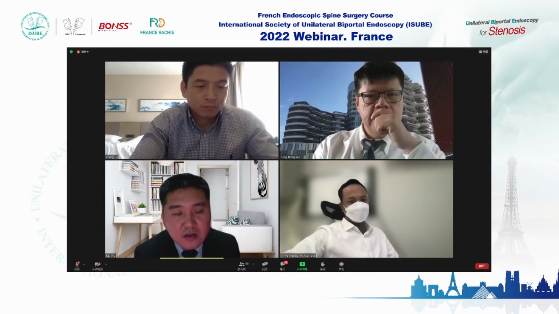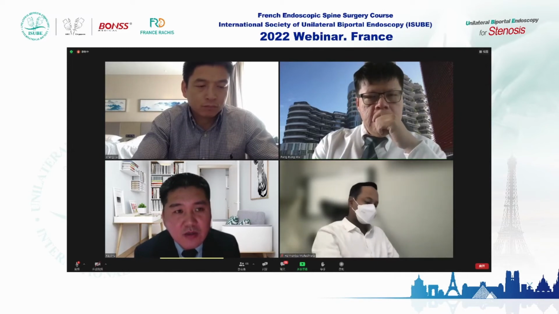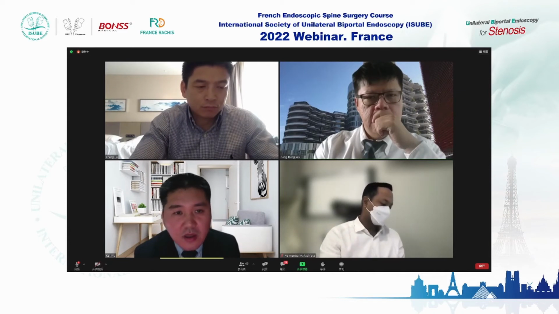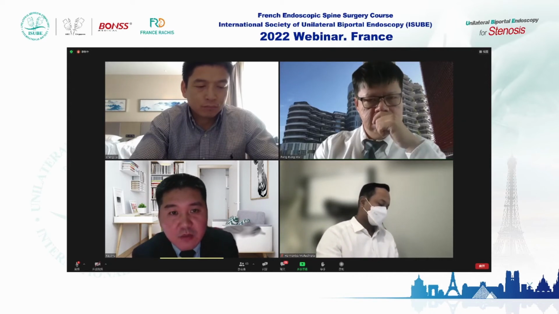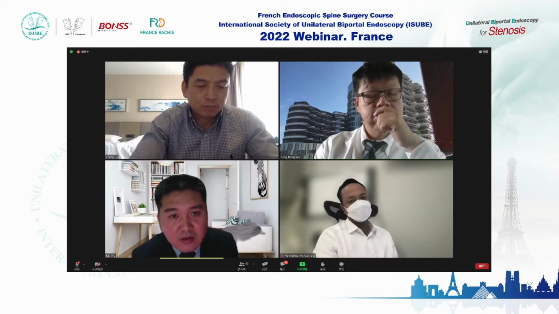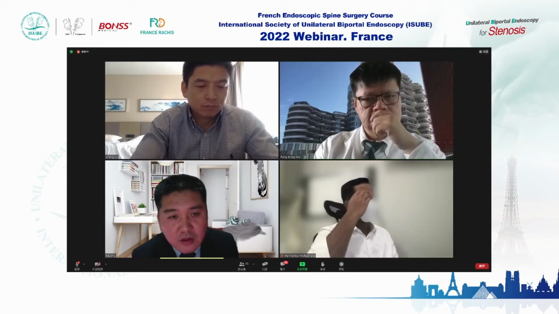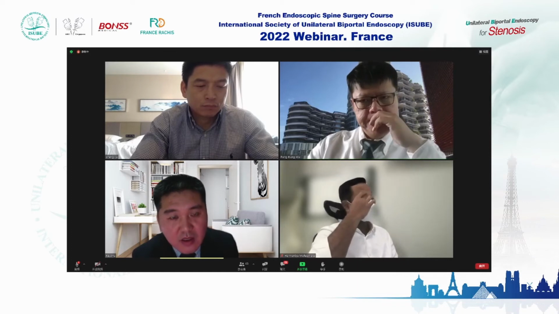Like, I once tried the so-called endoscopic assisted or arthroscopic assisted hemivertebral resection. It's useful to see more of the ventral side, and also we can remove the ventral cortex bone. It's very clear.